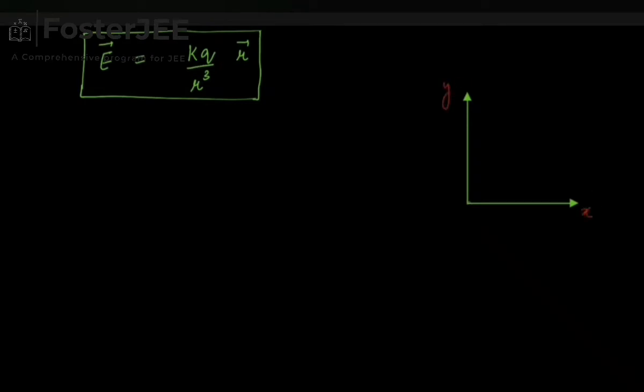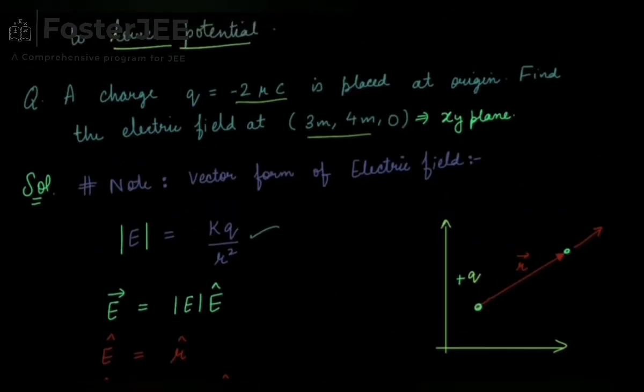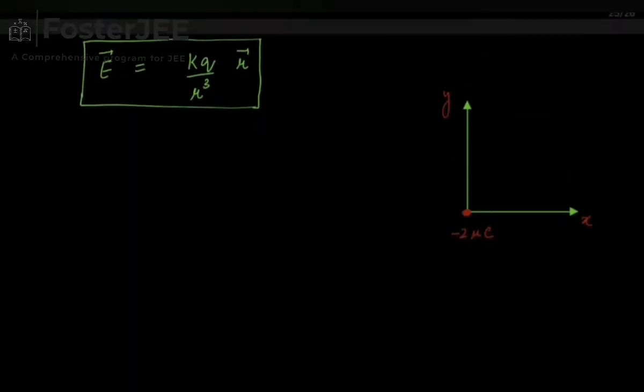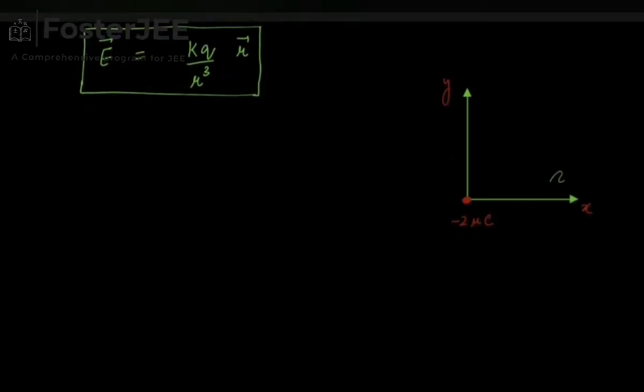Since our charge is placed at origin, let's say this is the charge and this is -2 microcoulomb. Our final point on which electric field is to be evaluated is 3, 4, 0. That is, this is in xy plane and this is somewhere here.